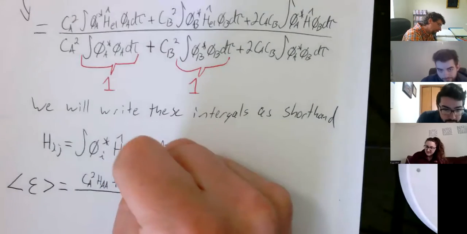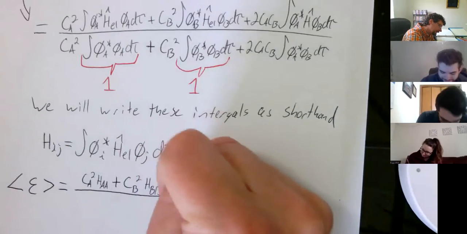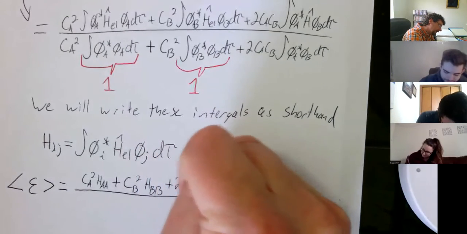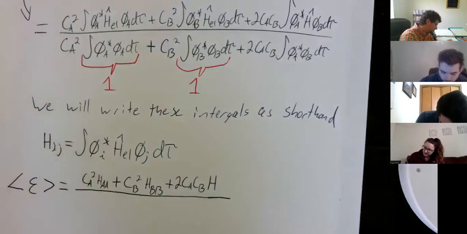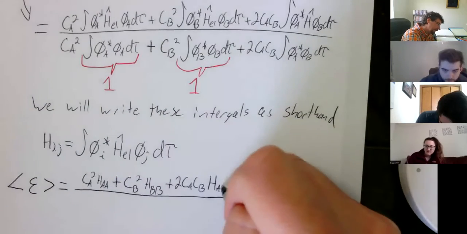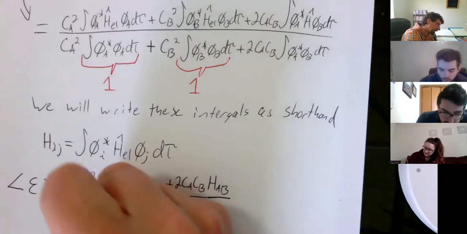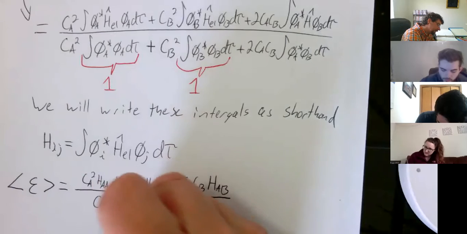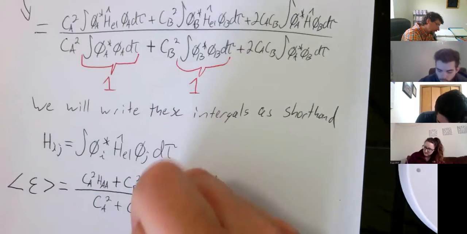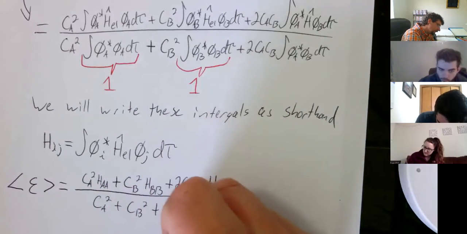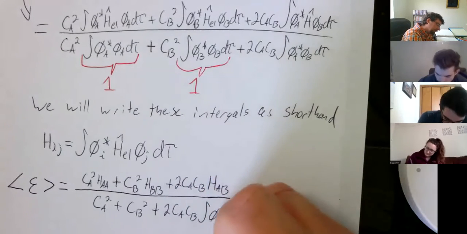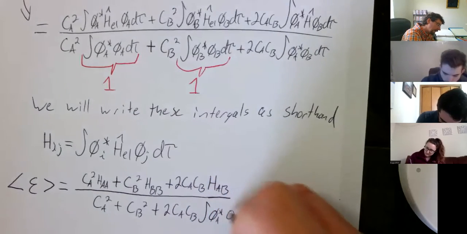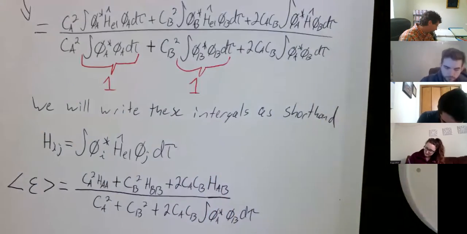BB. Yep. CA CB, last term: 2 HAB. And then the bottom, we got CA squared plus CB squared plus 2 CA CB integral phi A phi B d tau.